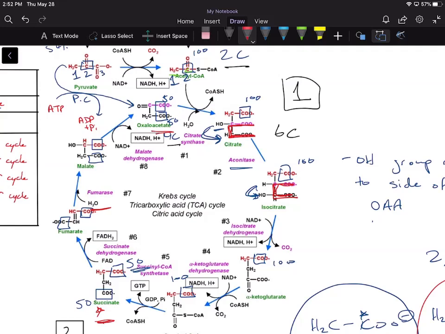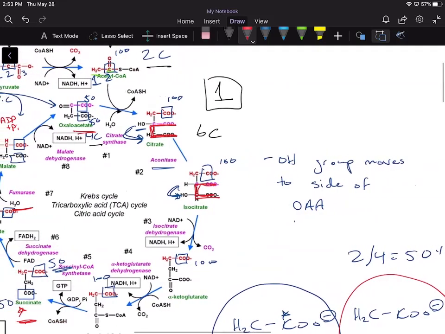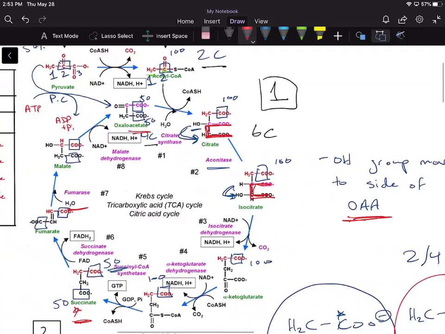And now, again, we're combining the 4 carbon oxaloacetate to the 2 carbon acetyl-CoA, and the way that you know which ones are the carbons of interest is you have to look at the OH group. In this case, the OH group moves down, and we said that the OH group always moves to the side of the carbons from oxaloacetate. So again, we see the OH group moves down. So we know that these 4 carbons are, again, these 4 carbons, okay?